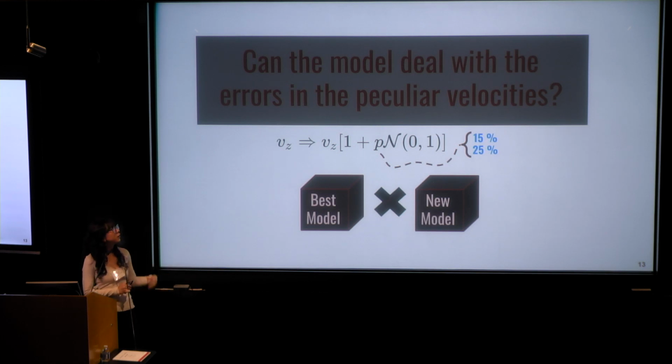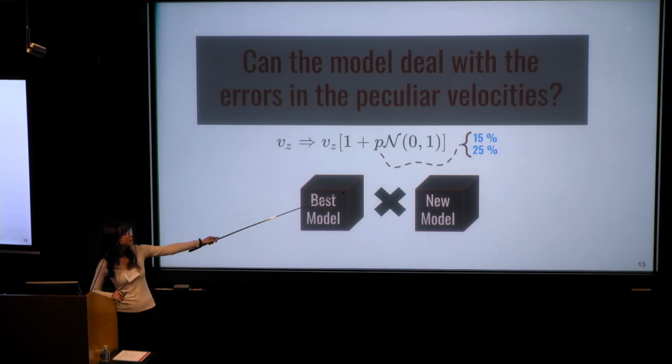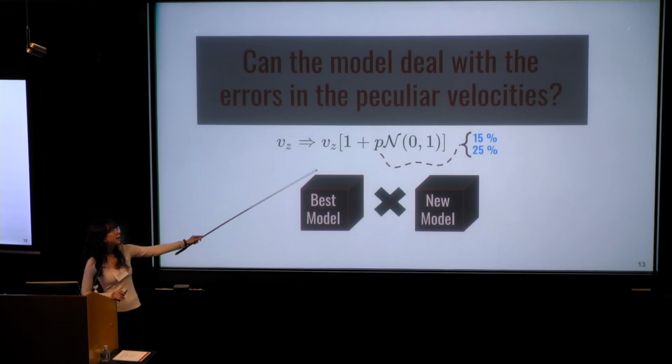The way that we are incorporating this is by changing the velocity in the z component for each galaxy, taking into account a variation of 15 or 25% of this value, using a Gaussian just to randomize the value that we're perturbing.